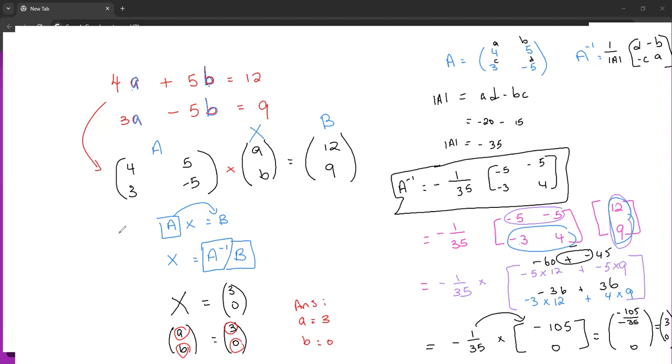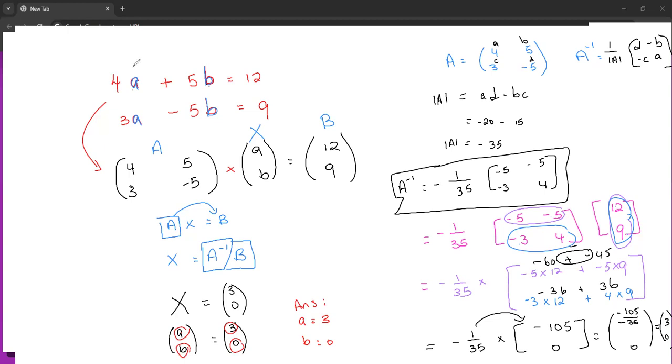Now, what I like to do, and it's because of simultaneous equations, you could always know whether you got it correct or not. That's a good thing about simultaneous equations. You know if it's right or if it's wrong. So what you could do is you could check your answers by putting it back into this.